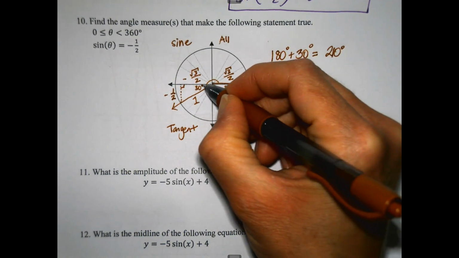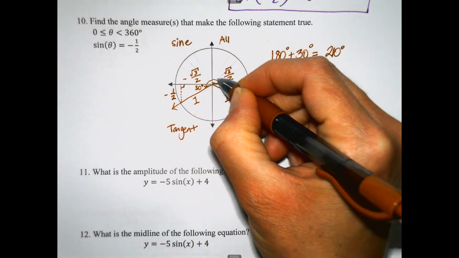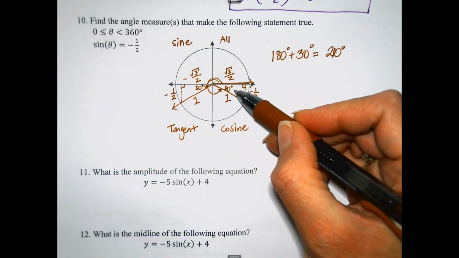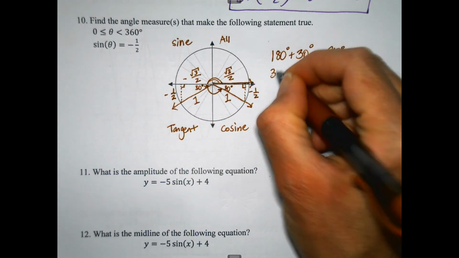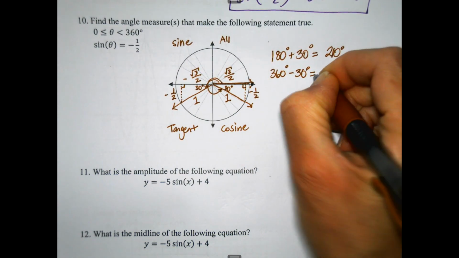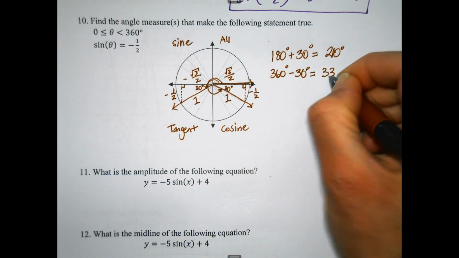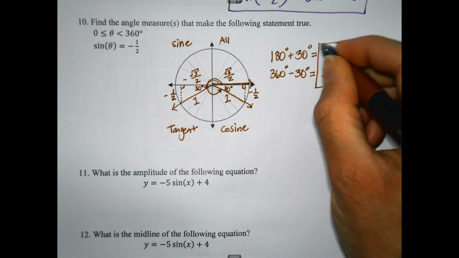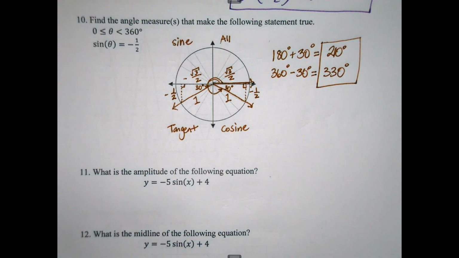Or what angle starts on the positive x-axis, rotates around, and stops 30 degrees away from 360 degrees? Or what is 360 degrees minus 30 degrees? It happens to be 330. Therefore, the angle measures that have a sine value of -1/2 are 210 degrees and 330 degrees.